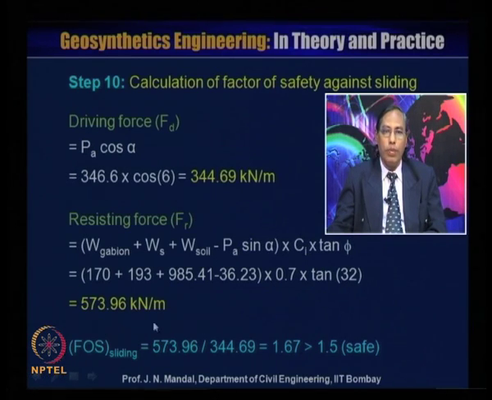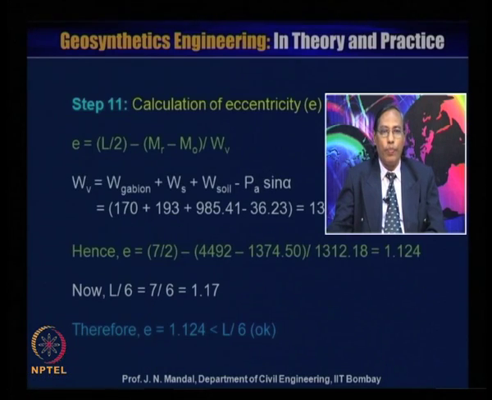So this will give that resisting force Fr is 573.96 kilonewton per meter. So you can calculate factor of safety against sliding, which is the resisting force divided by driving force, that is 573.96 divided by 344.69, that is equal to 1.67, which is greater than 1.5. So it is safe. So factor of safety against sliding is safe.